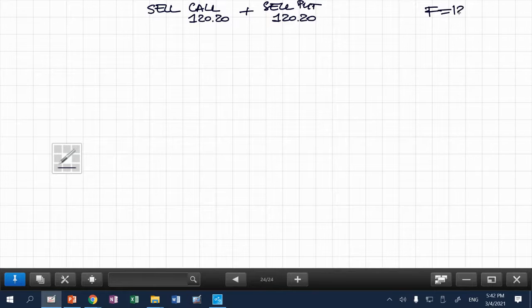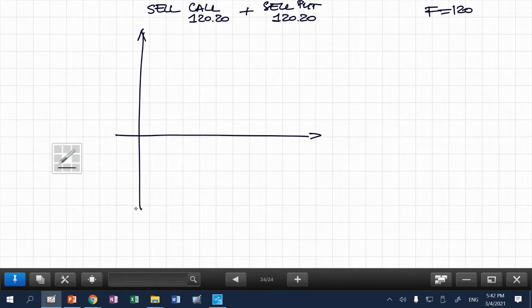Imagine the future trades at 120 exactly, okay? Let us try to draw the P&L of the combined position of these two short options. First of all, looking at what happens at maturity, and then we're going to see also what happens before maturity.